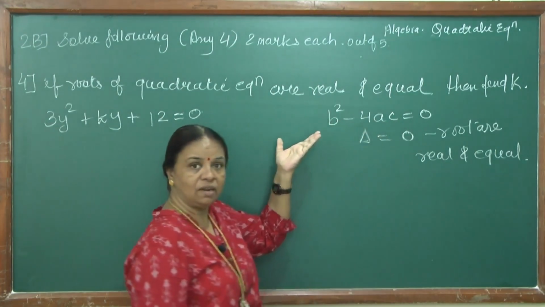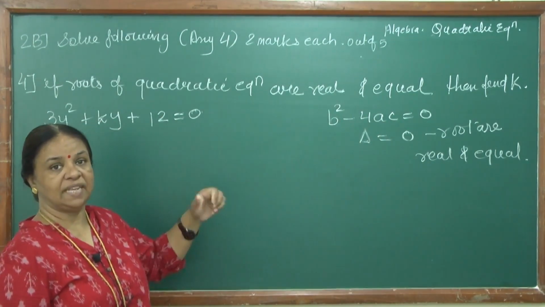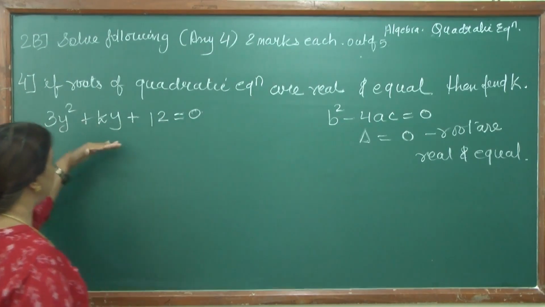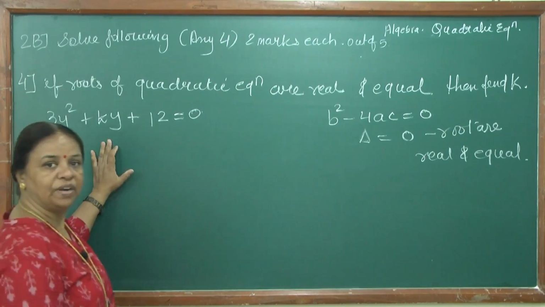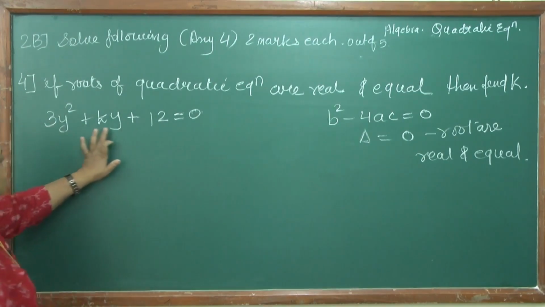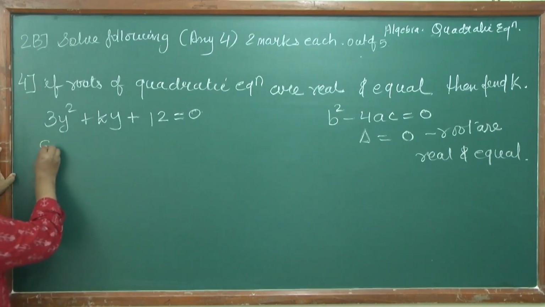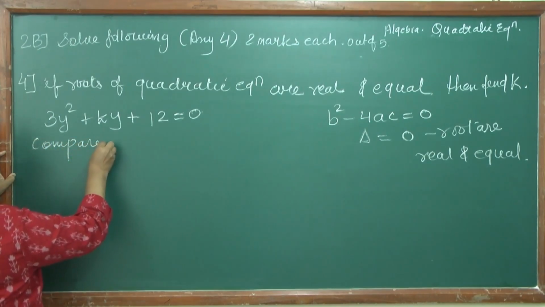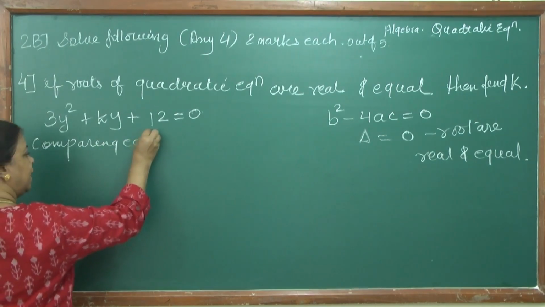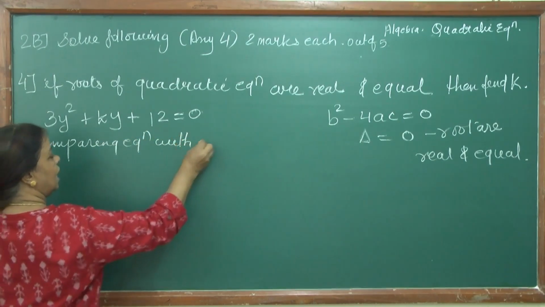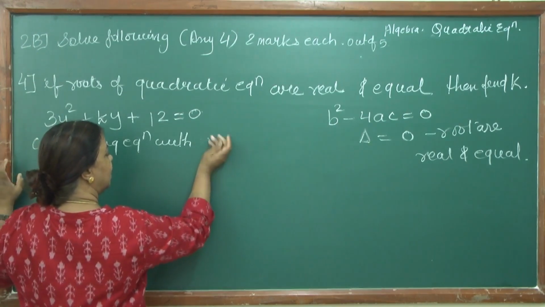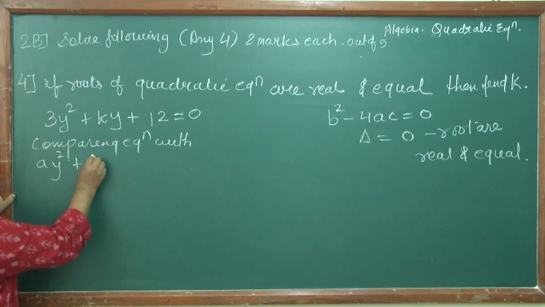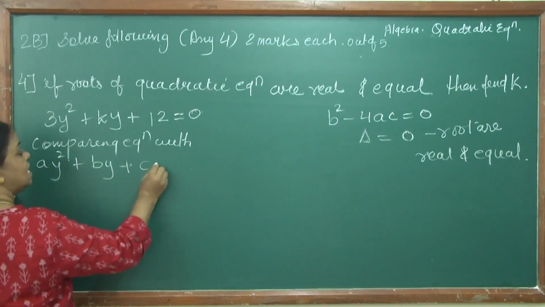So we should know what is b square minus 4ac and how you get b square minus 4ac. That we get when we compare the equation with the general form of quadratic equation. As the variable is y, we will be comparing the equation with ay square plus by plus c equal to 0.